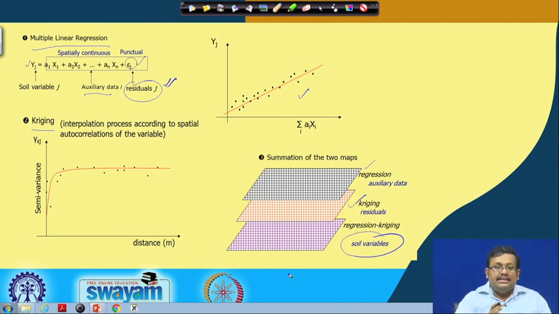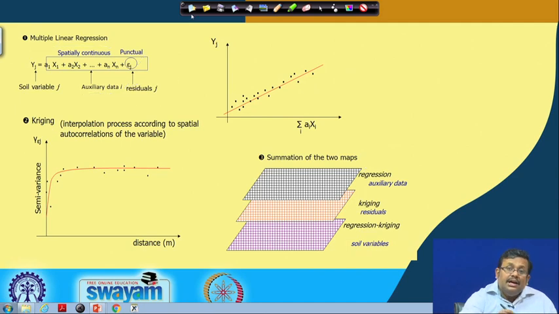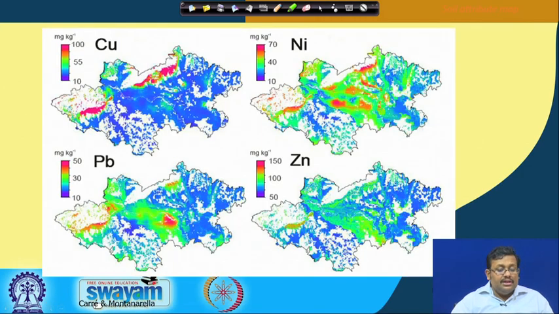The outcome of the kriging interpolation and the outcome of the regression are combined to produce the regression kriging. This is the most advanced method of predicting soil properties through DSM, and ultimately they produced the digital soil map of copper, nickel, lead and zinc.